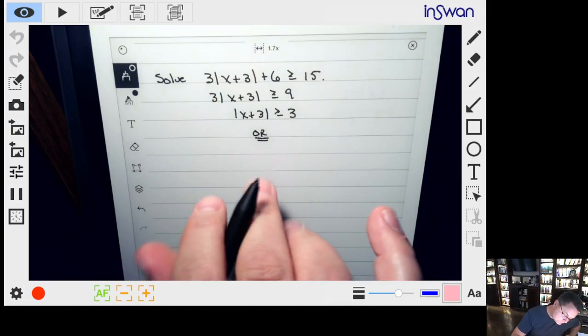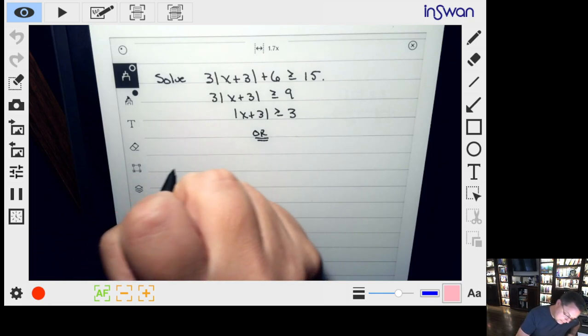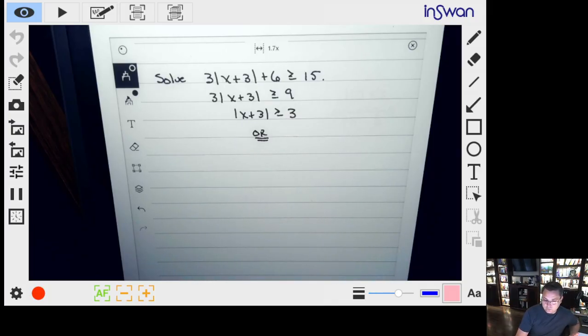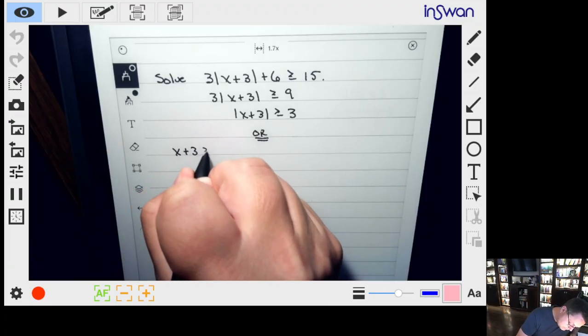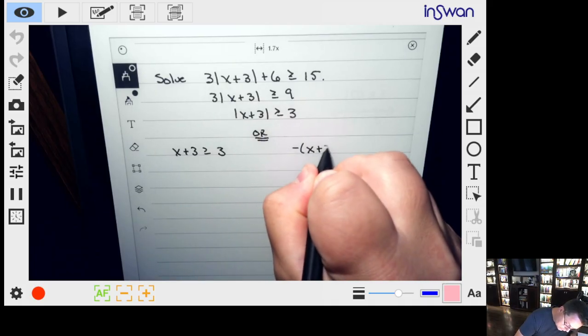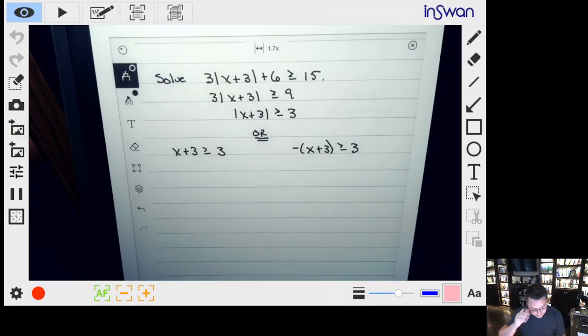Now what I'm going to do is get rid of the absolute value sign. There are 2 ways to think about it. I think the easiest way for me to think about it is like this. Absolute value means positive or negative. So by definition, we could say x plus 3 or negative x plus 3. Now I'm guessing that you may have learned it so that you just flip the other side and make it negative.